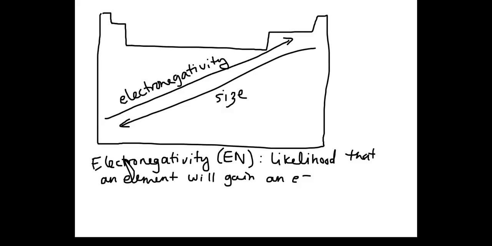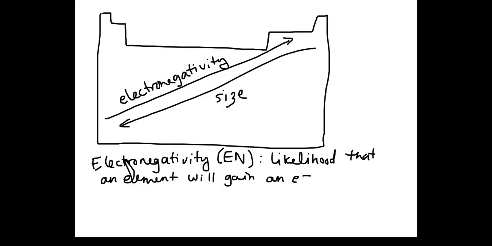It's also very small, which means that when that electron is coming in, it can really feel the pull of that nucleus, okay? So because of that size, fluorine is really going to feel the pull of that nucleus, and that other electron is really going to want to attach to fluorine. So fluorine is the most electronegative element.